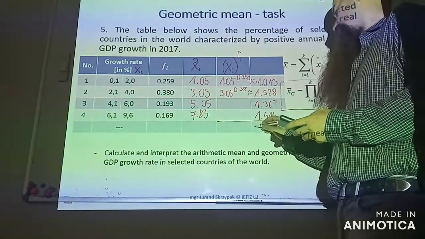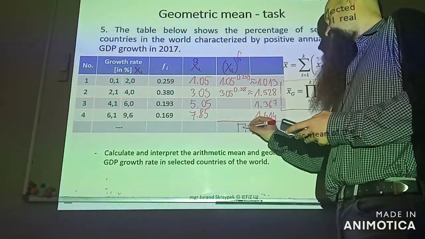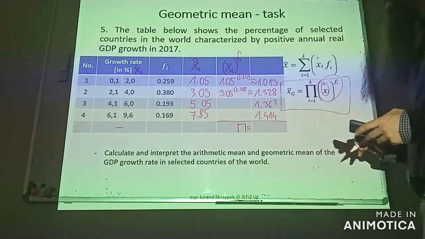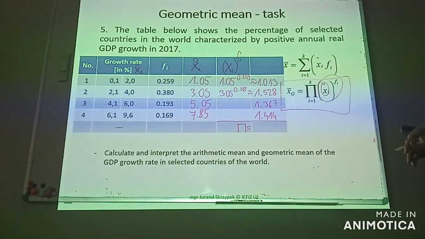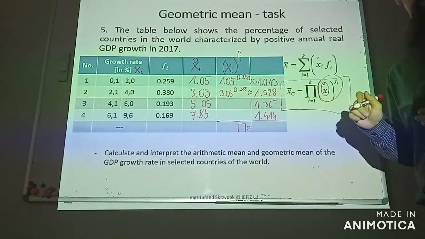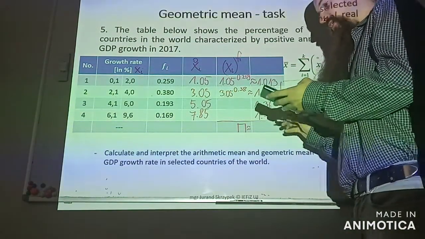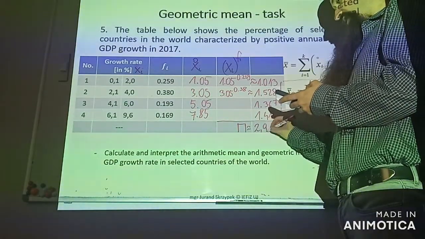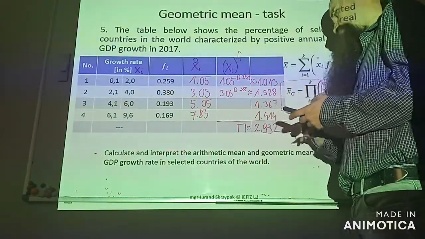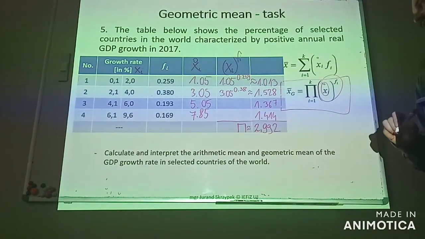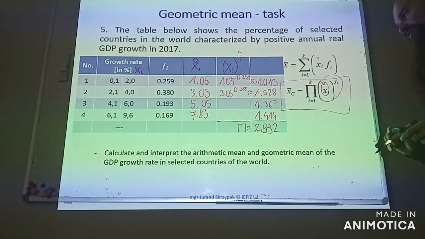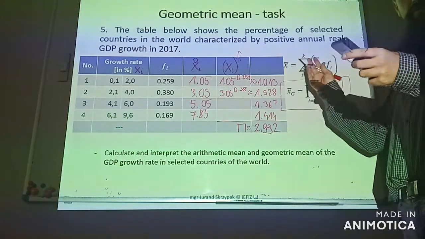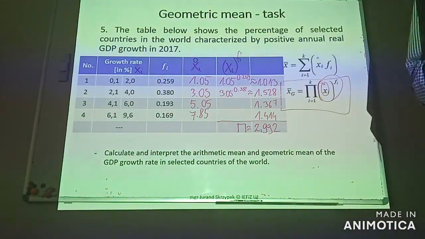And the final result, the product of the middle of the classes raised to the power of fi's, is about 2.992. This is the average annual growth rate of GDP in selected countries.